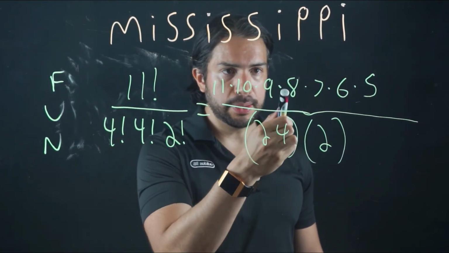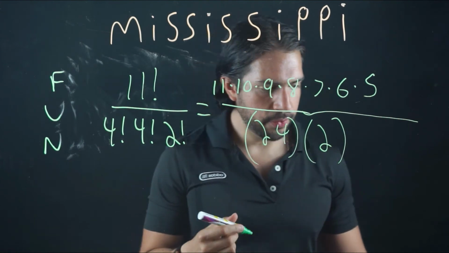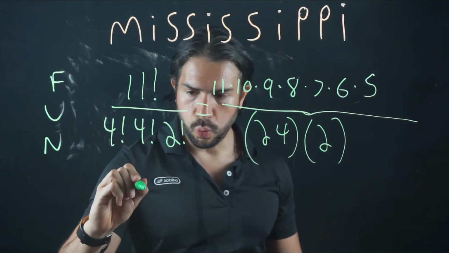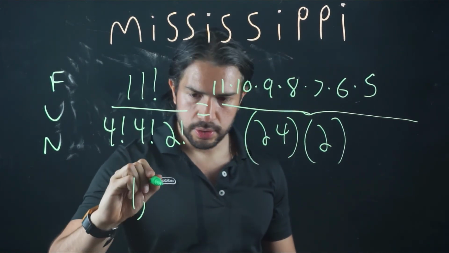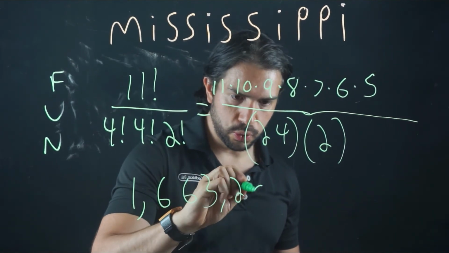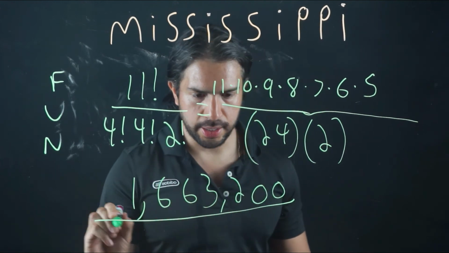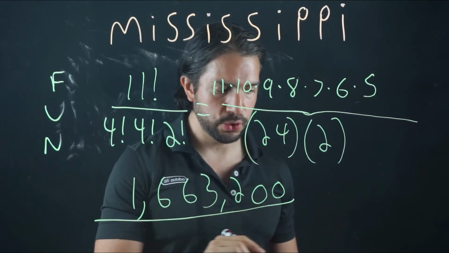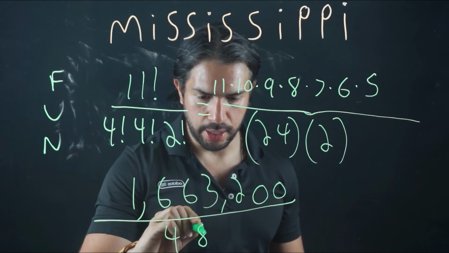11 times 10 times 9 times 8 times 7 times 6 times 5 is exactly 1,663,200. That gets divided by 24 times 2, which is 48.